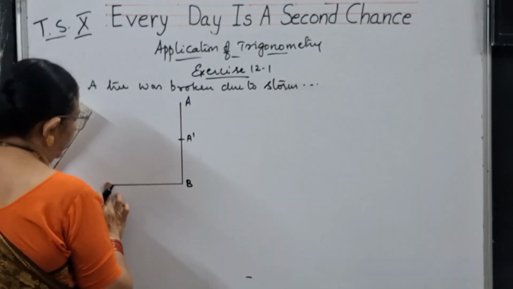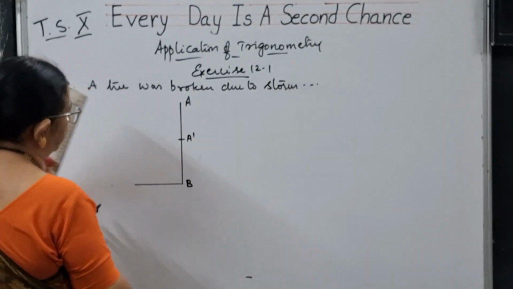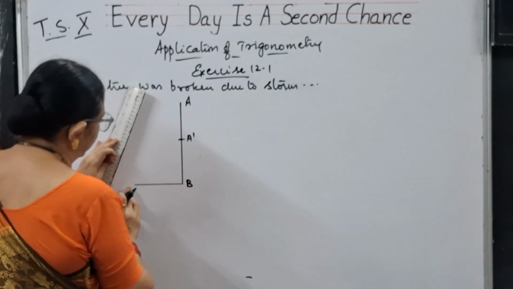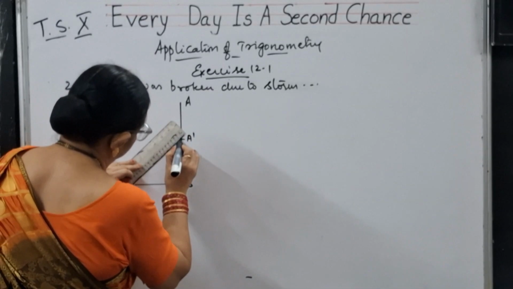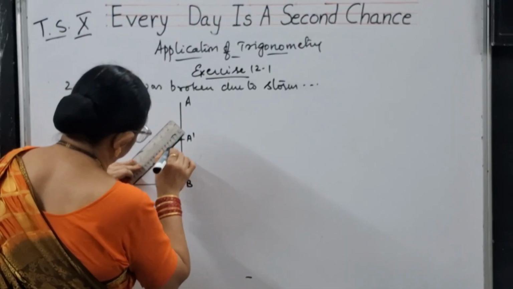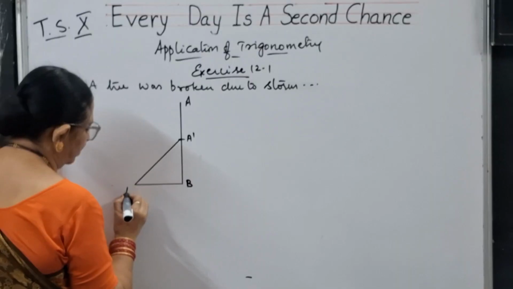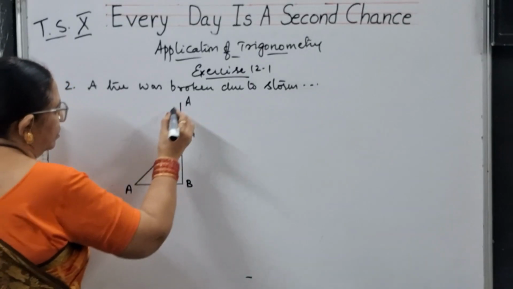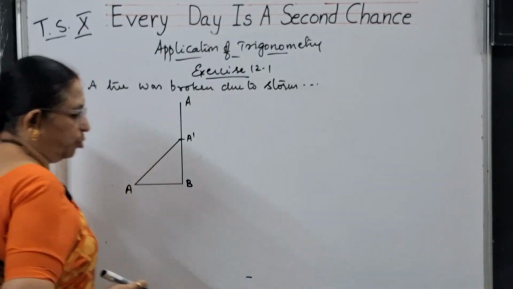So this part has broken, and the broken part has fallen down here. So I can say that this is the broken part. So this A dash, this A comes here, because this and this are both the same.